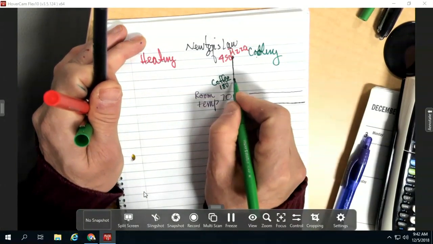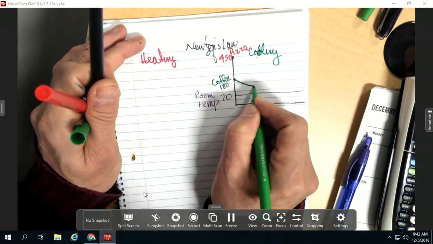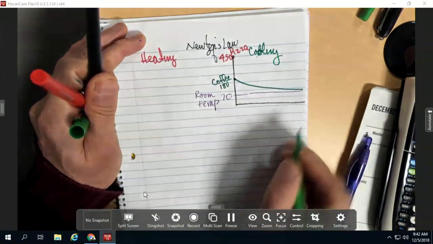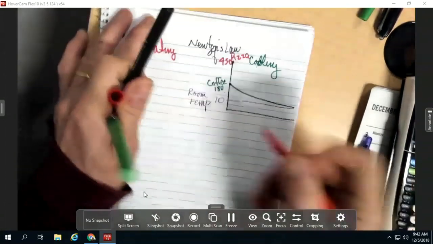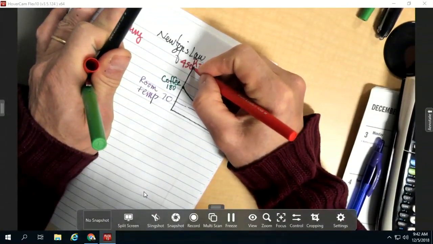Here is the graph for coffee. Here's the graph for pizza.